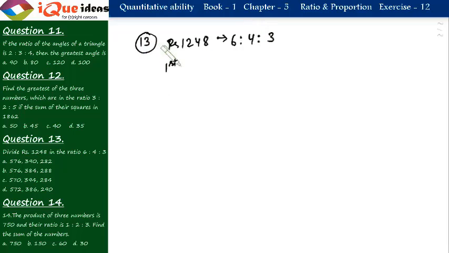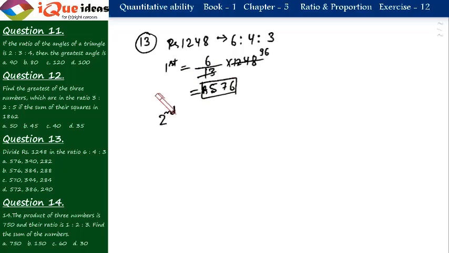First one would be equal to 6 divided by 6 plus 4 plus 3, that is 6 plus 4 is 10, plus 3 is 13, into 1248. Divide by 13, you will get 100 minus 4, that is 96 times. 96 into 6 would be equal to 576. So 576 rupees is the first one.